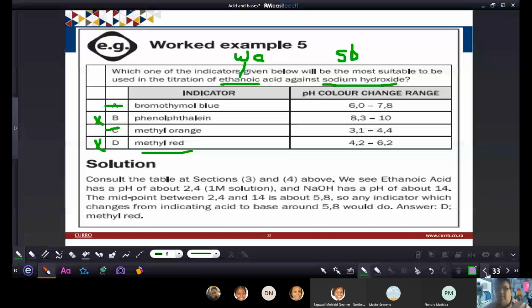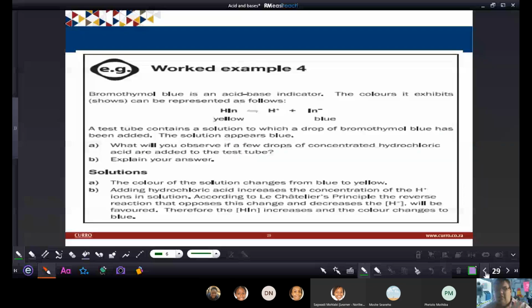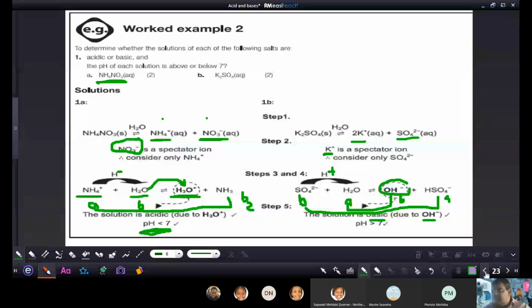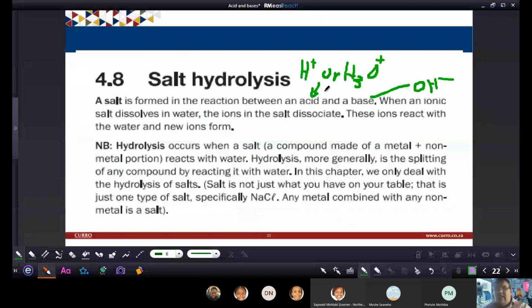Okay, so we learned this afternoon that we form different solutions. Our acid and base reactions are formed with salt hydrolysis. So we can then go and determine whether the salt is basic or acidic.